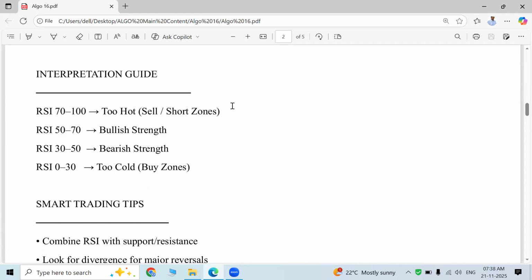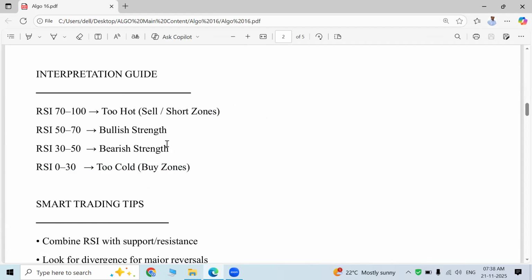Now, if the RSI is between 0 and 30, then it's a cold zone. You can go for buying or you can accumulate buying. It takes some time to break this RSI logic.